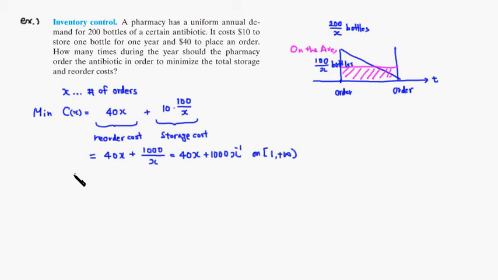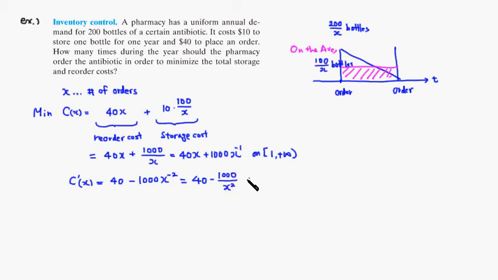So let's find the derivative to find a critical number. C prime of x is equal to the derivative of 40x, which is 40, then the derivative of 1000 x to the negative 1, which is negative 1000 x to the negative 2, which can be written as 40 minus 1000 over x squared.